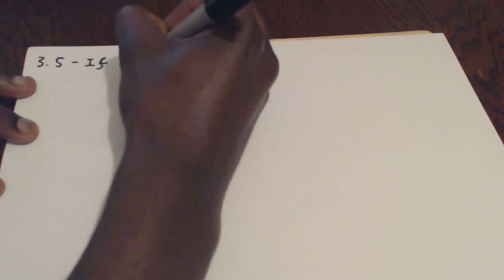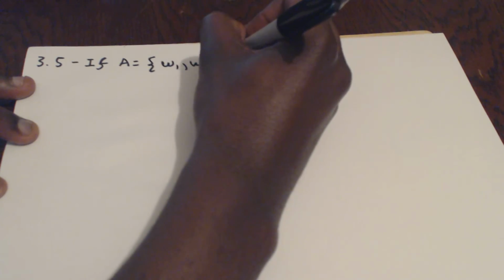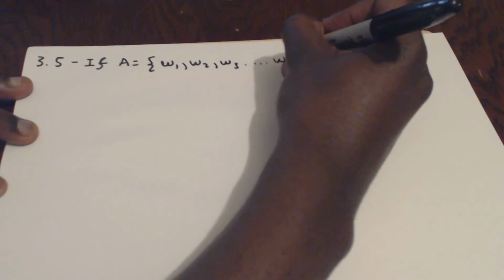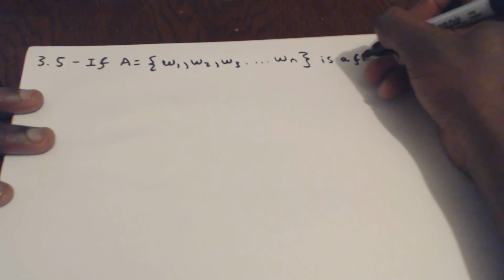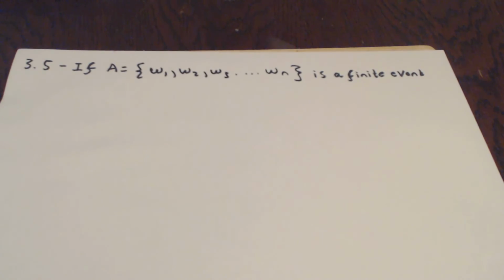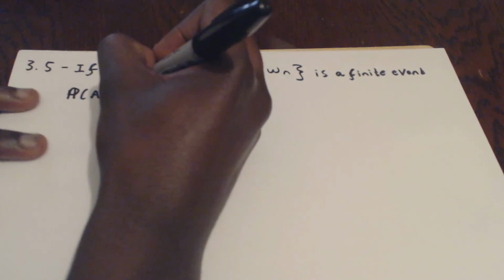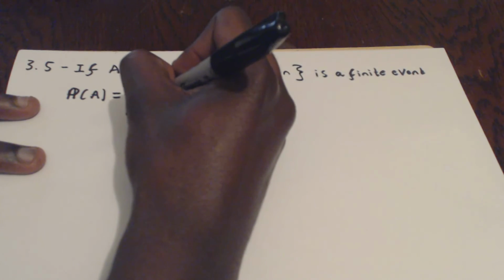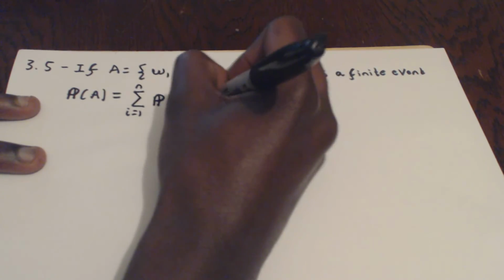If A is equal to a set of outcomes, a finite set of outcomes, I should say, and it's a finite event, then the probability of A is equal to the sum from i equals 1 to n of the probability of ω_i.